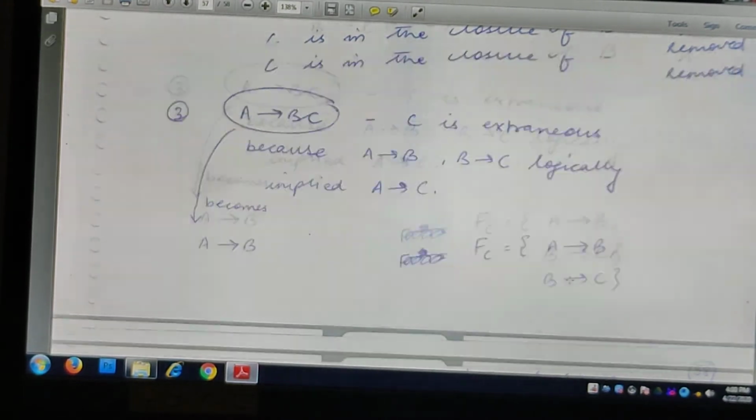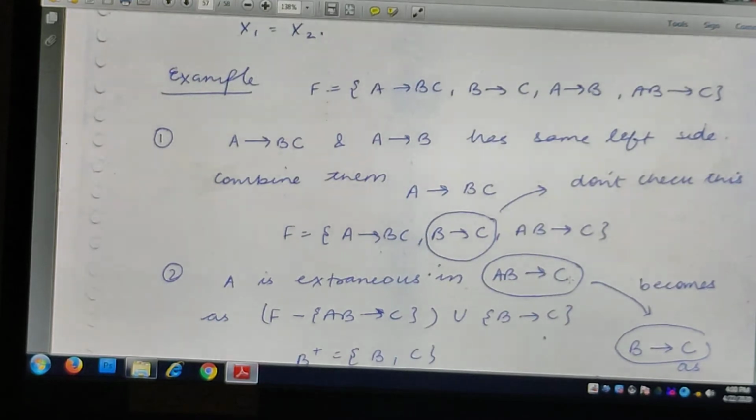You can still check in the initial set, if you calculate the closure according to the initial question, the closure of B was having B and C. The closure of A was having A, B and C. And closure of C is having C only.